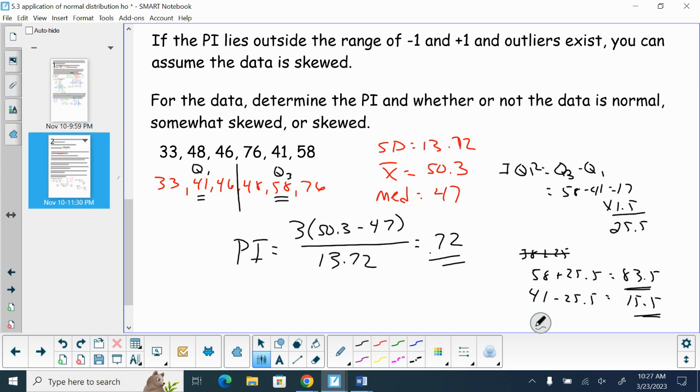If I lie outside that range of values, I have an outlier. 76, by an eye test, sort of looks like, well, 33, 41, these are pretty low. 76 almost looks like an outlier. But it's not by our means here. So I have no outliers. I have a Pearson index of 0.72. So I could say this data here is normally distributed.